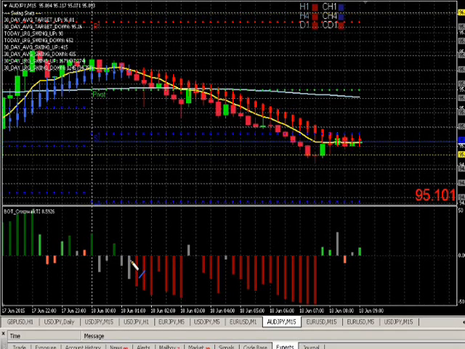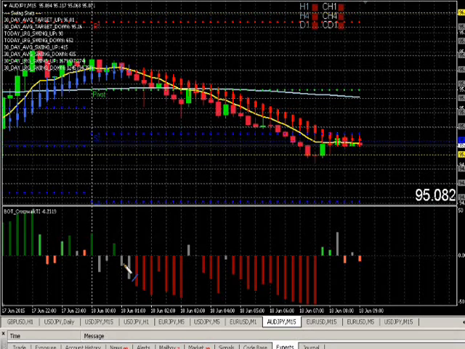Now let's dig a little deeper into reading an oscillator. We know that when price is above, market is bullish. We know that when price is below, market's bearish. Our crosswalk indicator has a gray area.